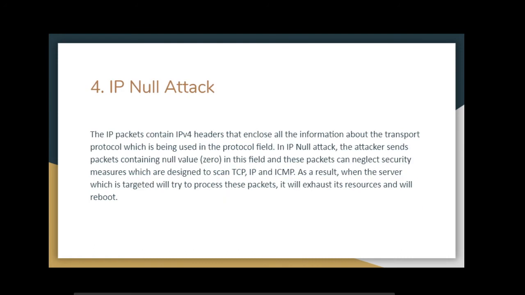And the next is the IP null attack. IP packets contain an IPv4 header that includes all the information about the transport protocol which is being used in the protocol field, such as the user's address and destination address, message size, flags, etc. In this IP null attack, the attacker sends packets containing a null value, that is 0, in this field, and these packets can bypass security measures which are designed to scan TCP, IP, and ICMP.